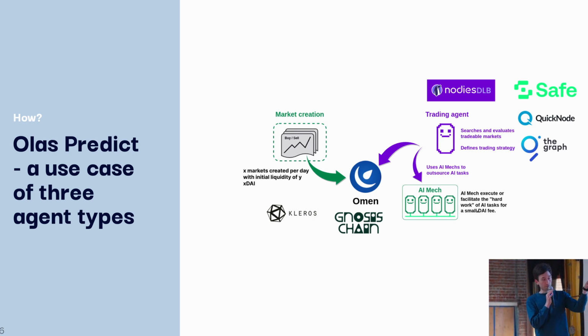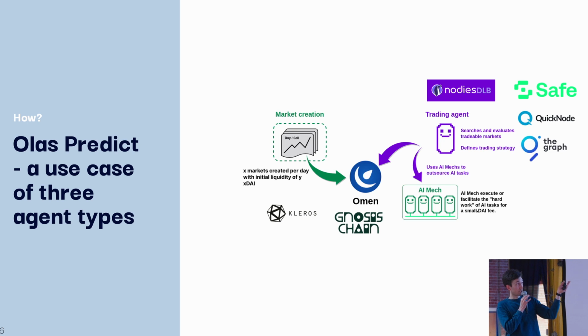You have different types of autonomous agents specializing on very different types of activities. So we have these agents which provide liquidity in markets, continuously creating new markets around current events. We call them the market creator. You then have other agents which are continuously trading in markets. Those are the ones which are actually taking the positions on either side of, let's say, a binary event. And then you have other types of agents still who are specializing on making predictions.